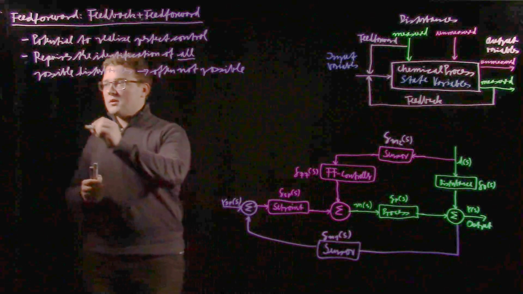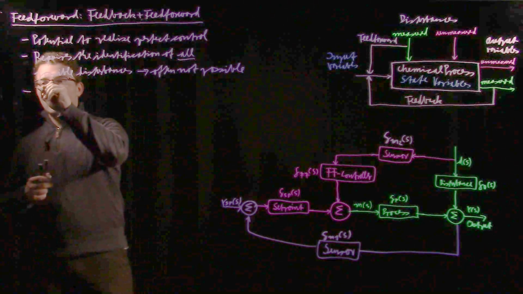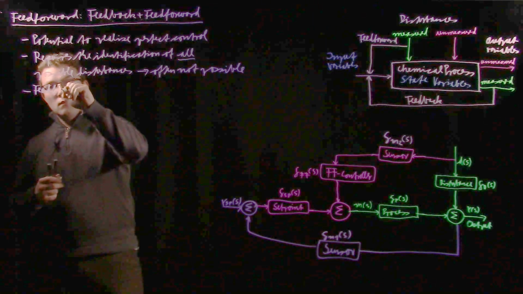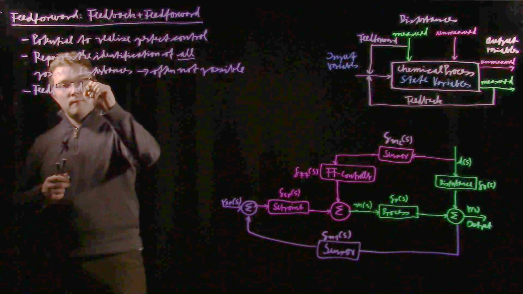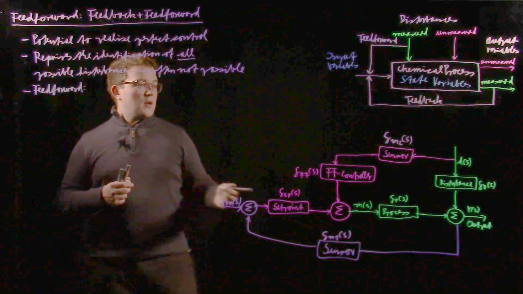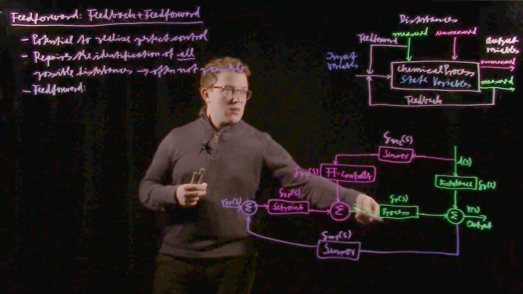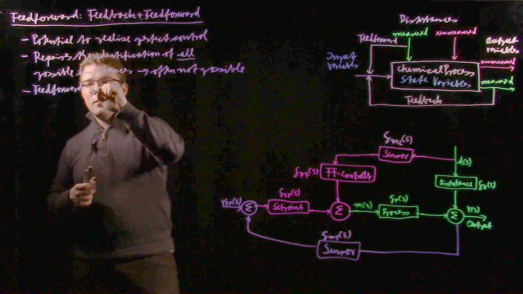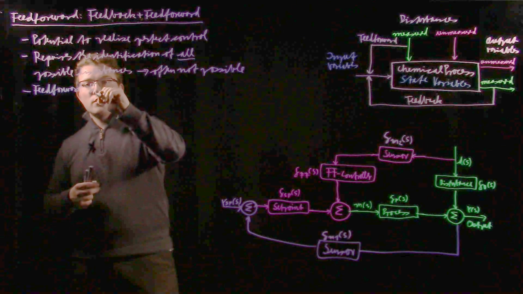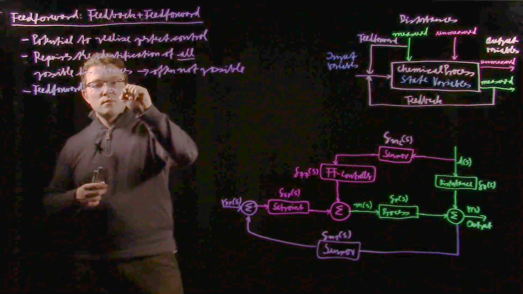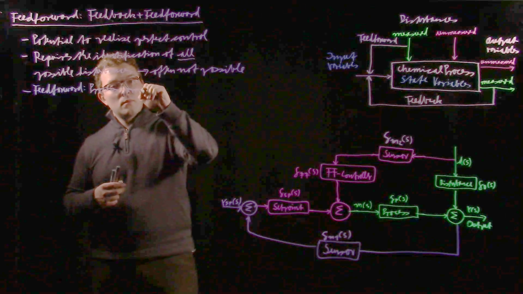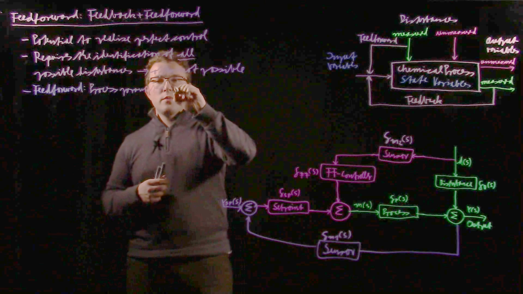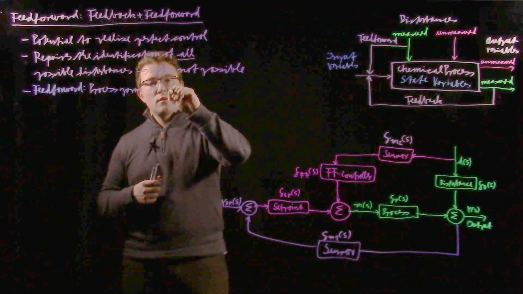we then can compensate again for it. So we can write down that for feed forward, the process itself must be known. So the process parameters have to be known.